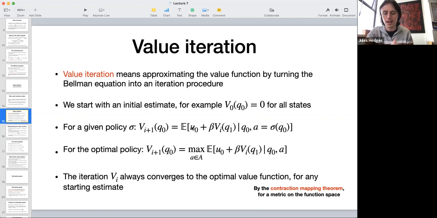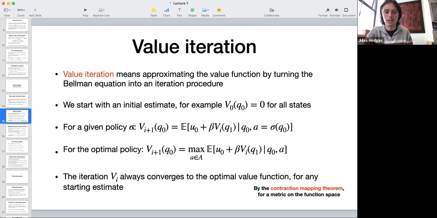It's going to be the expected current payoff plus once discounted value according to the previous estimate V_i of the next state Q1, where U0 and Q1 are chosen conditionally given the initial state Q0 and the action A given by the policy sigma.